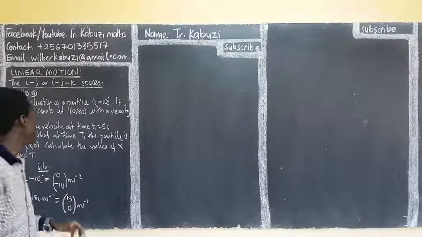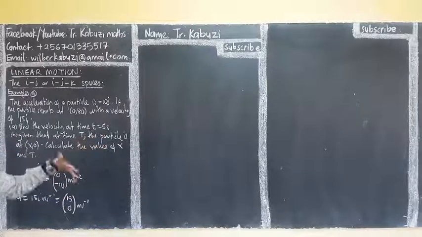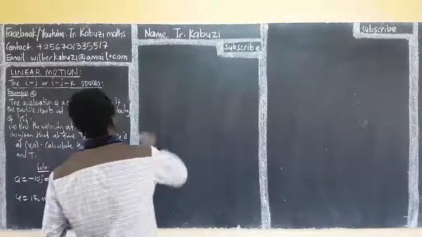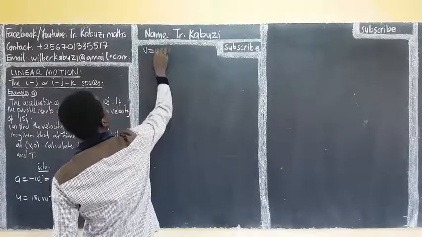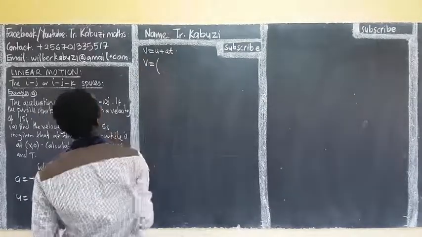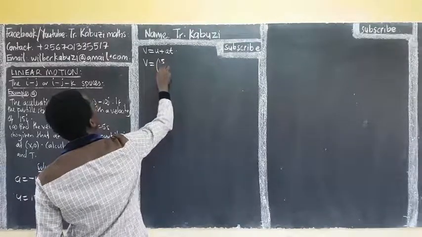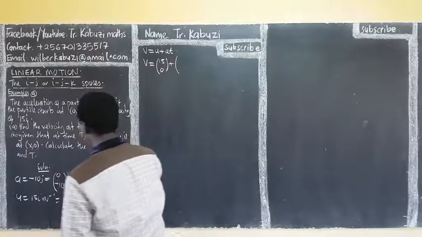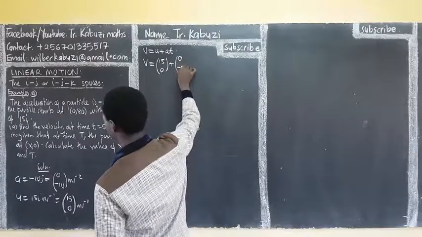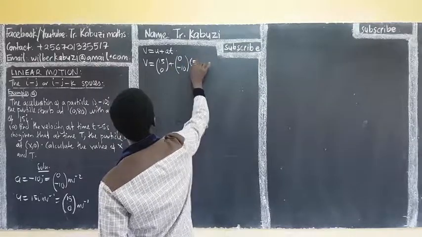After that, they are telling me to find the velocity at time t equal to this. In simple terms, they are asking for the final velocity after 5 seconds. So using this equation of motion, my v, which I'm looking for, is going to be my initial velocity, 15, 0, plus my acceleration, 0, negative 10, multiplied by t, which is 5.